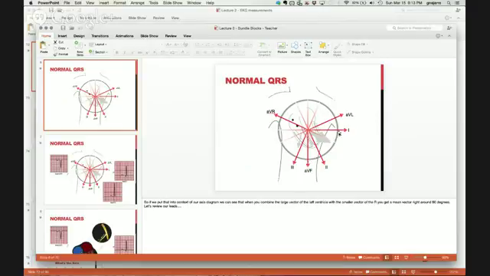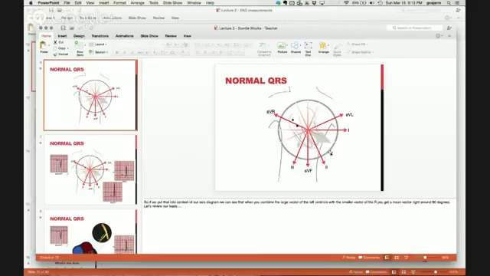So all we're looking at is the sum of 2 vectors. Okay? So using just these 2 leads, we can determine if it's positive in 1 and positive in F, then it's moving leftward and downward. Put those together and you get down and diagonal.